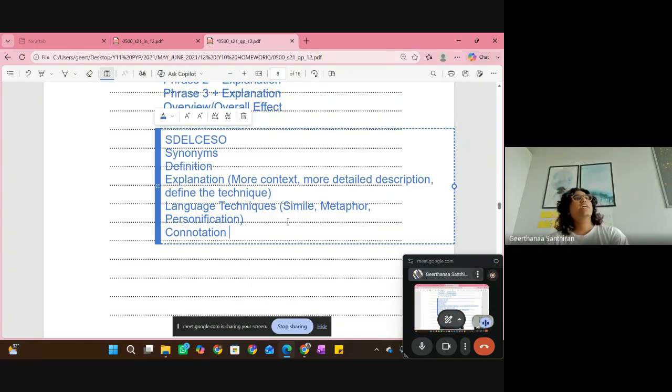So connotation is just about the fact that words don't just have definitions, they also have cultural meanings, emotional meanings behind them. There are some words we always use in positive situations. Some words we always use in negative situations, right?